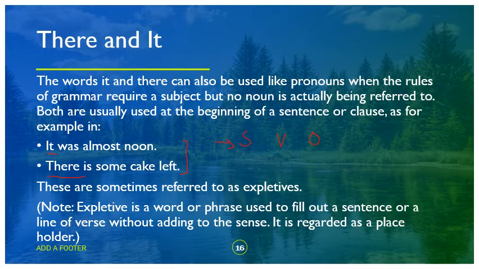As nobody is doing the action and the action is not referring to something, we are just describing or explaining the state of things. So, in order to explain the state of things, we use these expletives, it and there. They simply are the placeholders, they simply fill in the spot of a subject, but they are not performing any kind of action and they are not adding to any kind of sense of the sentence.